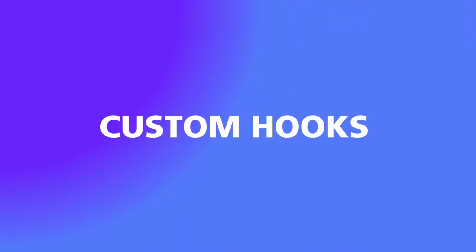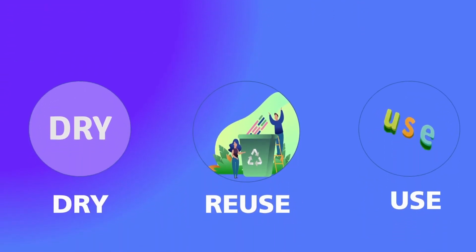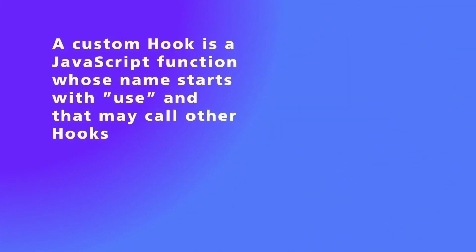In custom hooks, we have three important points to learn. First, use, second one is DRY, third one is reuse. So let's see what is use. A custom hook is a JavaScript function whose name starts with use and that may call other hooks.